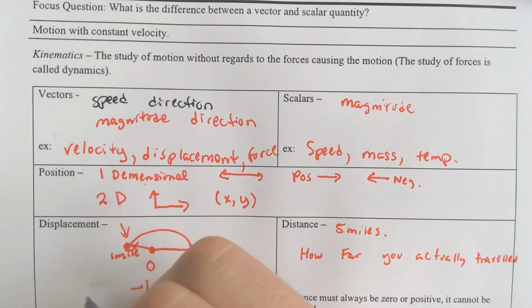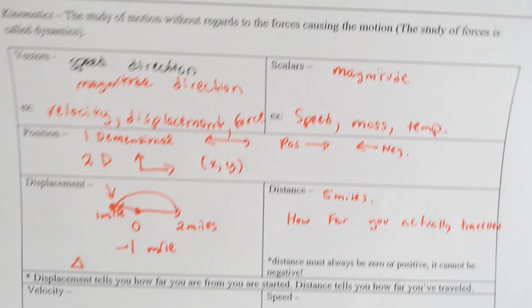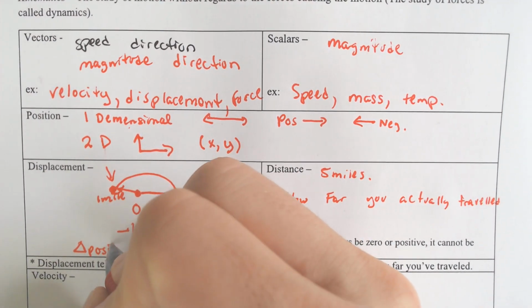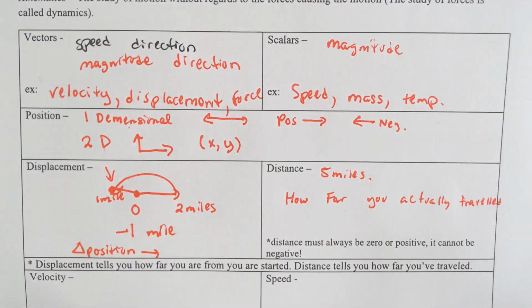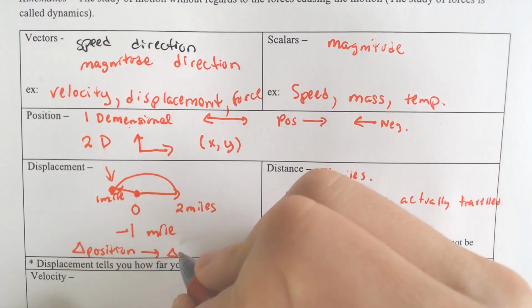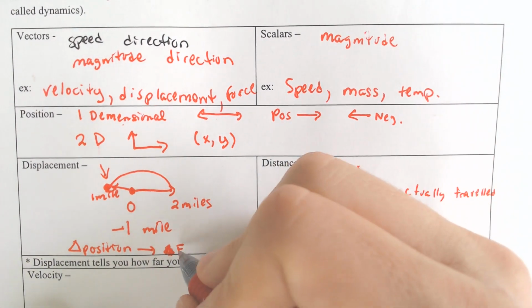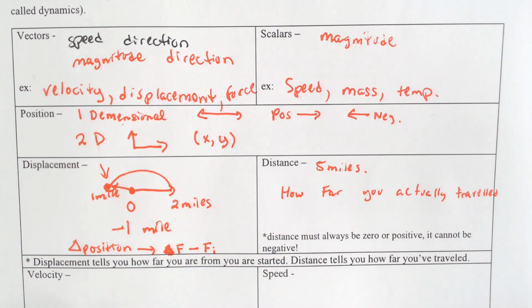versus displacement, which is the change, or delta. You'll see this triangle symbol a lot. The change in position, which you can find by taking your final position, not delta, final position, and subtracting your initial position.